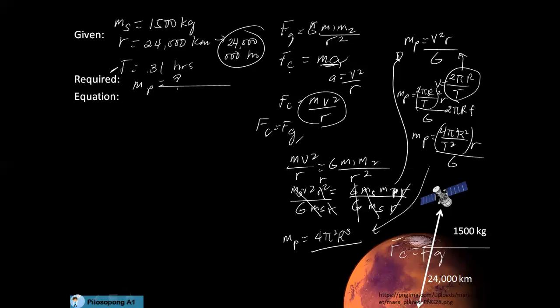And then T squared will now go to the denominator side, T squared and G. So our equation will now be like this one. The mass of the planet is equal to 4 pi squared r cubed over G T squared. So we can now proceed with our calculation.